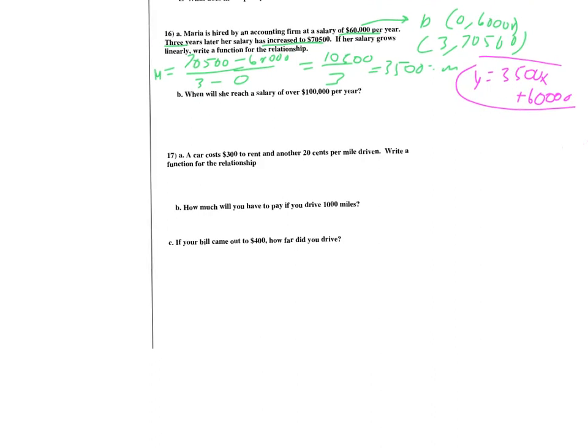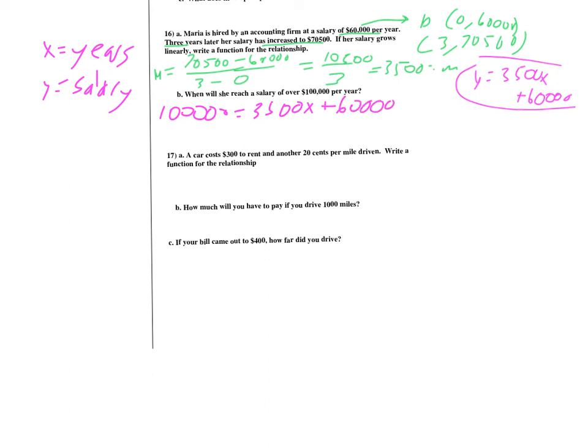In this case, x is the number of years, and y is her salary for that year. When will her salary reach $100,000? We're going to plug that in for y. I'm going to subtract the 60,000 over, so 40,000 equals 3,500x, and then we'll divide by 3,500.